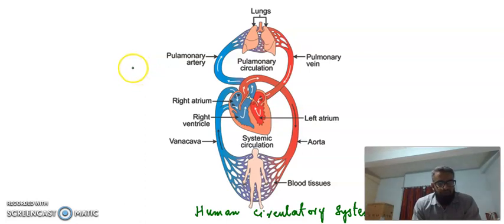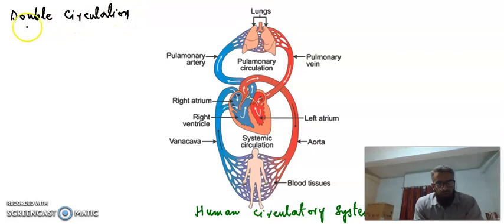But apart from humans, apart from mammals, the process of double circulation is also shown by birds and crocodiles as well. But here we will understand the process of double circulation only in humans. So let's go and understand what this double circulation is.